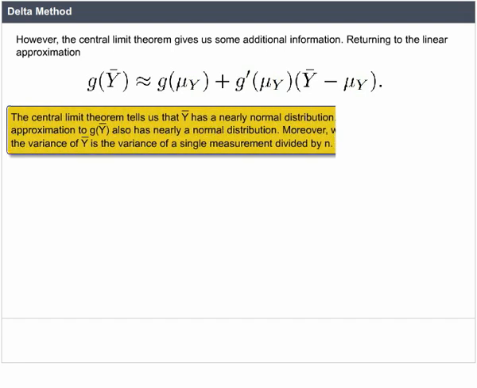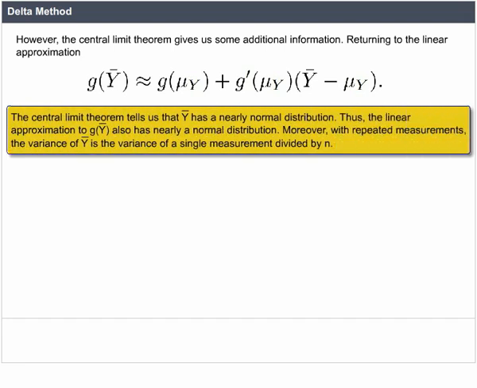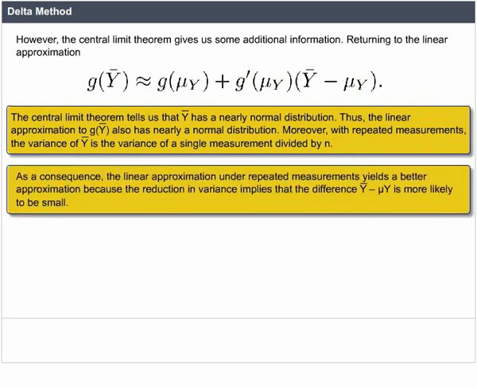The central limit theorem tells us that Y bar has a nearly normal distribution, thus the linear approximation to g(Y bar) also has nearly a normal distribution. Moreover, with repeated measurements the variance of Y bar is the variance of a single measurement divided by n. As a consequence, the linear approximation under repeated measurements yields a better approximation because the reduction in variance implies that the difference Y bar minus mu_y is more likely to be small.